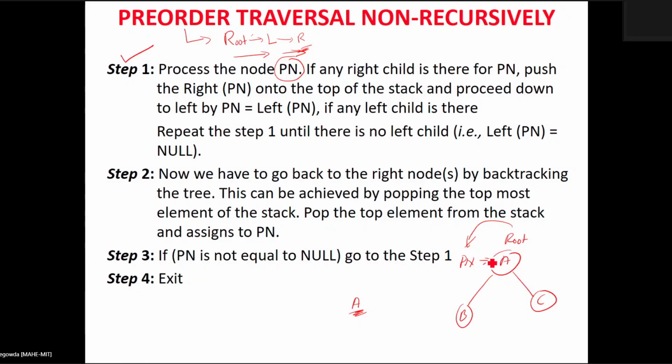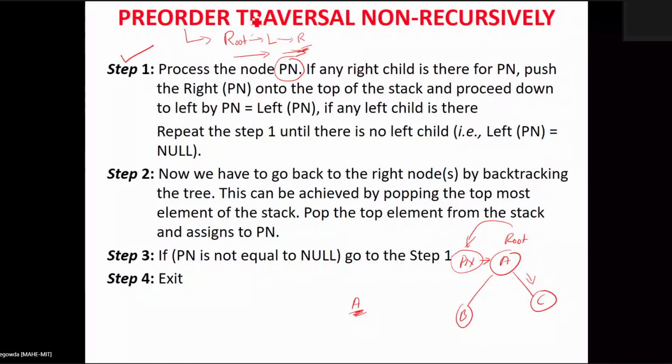If the present node has a right subtree, then you have to push the address of the right subtree onto the top of the stack, so that later we will be visiting the right subtree.